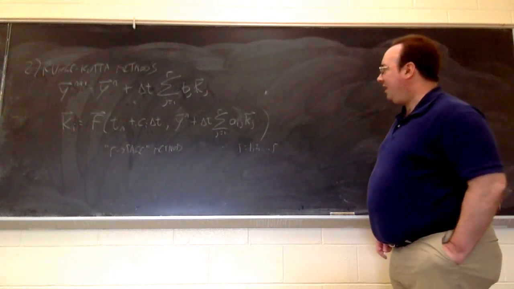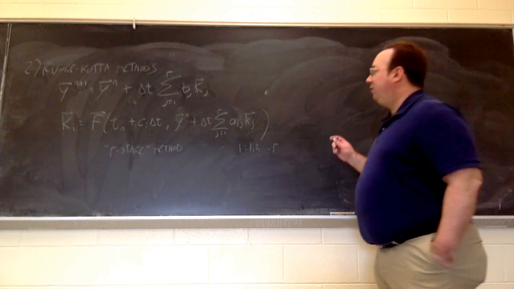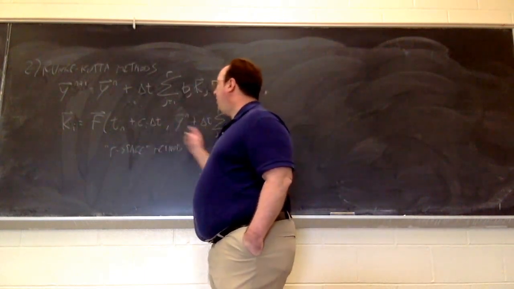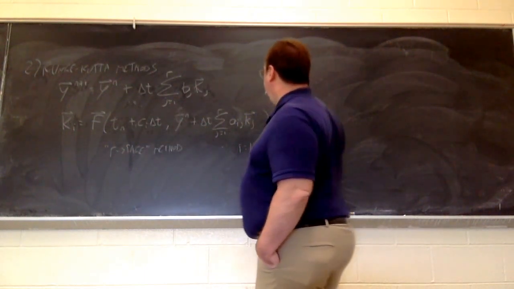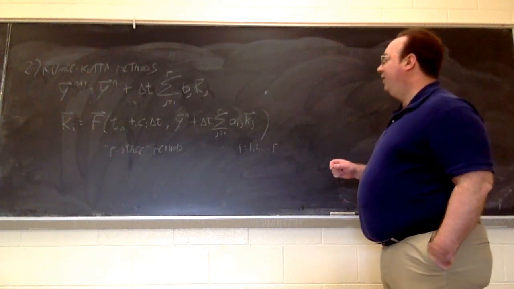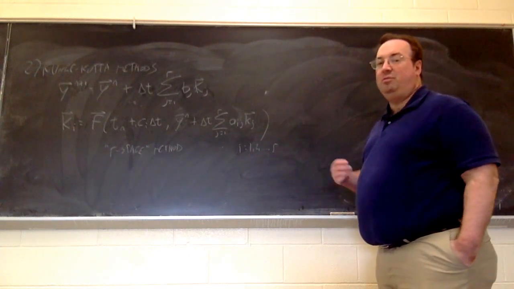And R refers to the number of times we evaluate f, so we call this an R stage Runge-Kutta method.